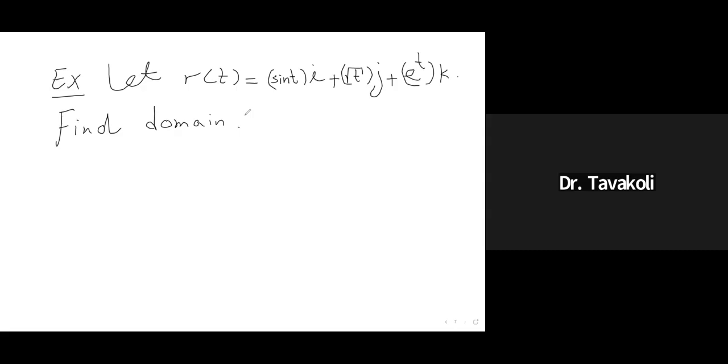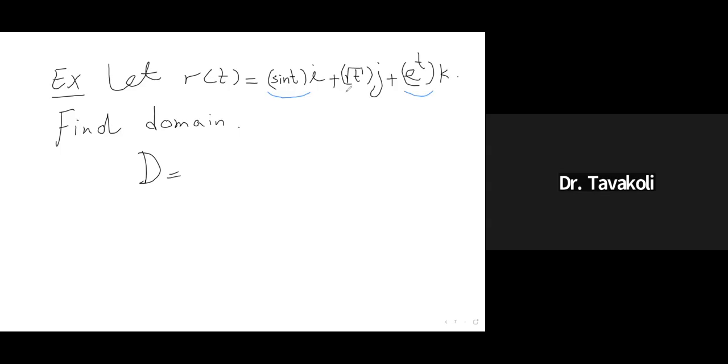Suppose I denote it by D. Obviously, sine of t is defined for every real variable, so t could be anything. I have no restriction here. The same with e to the power of t. E to the power of t for any real value is defined.